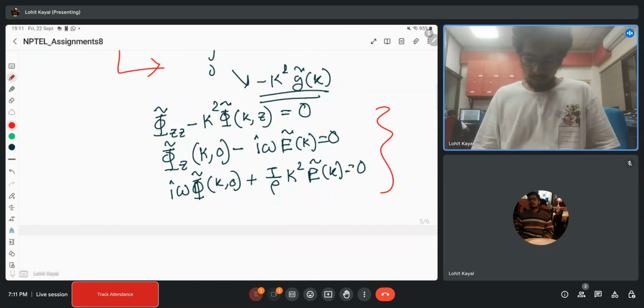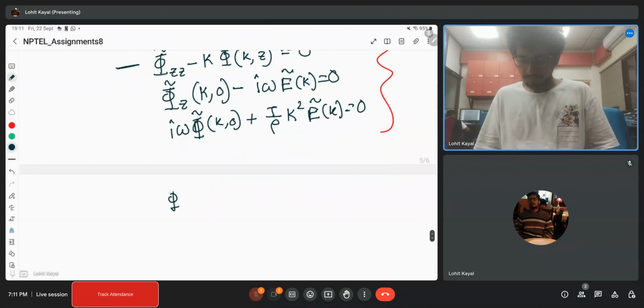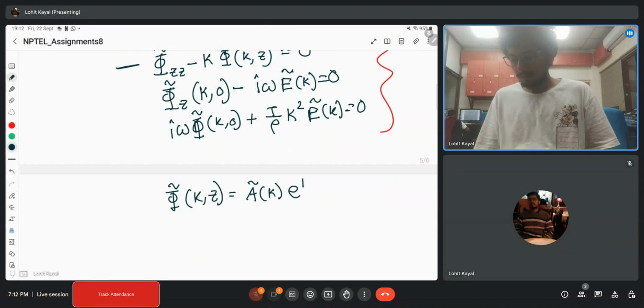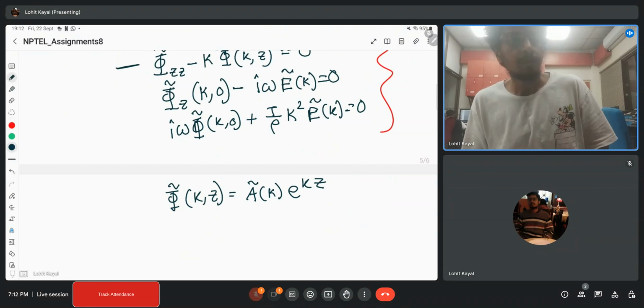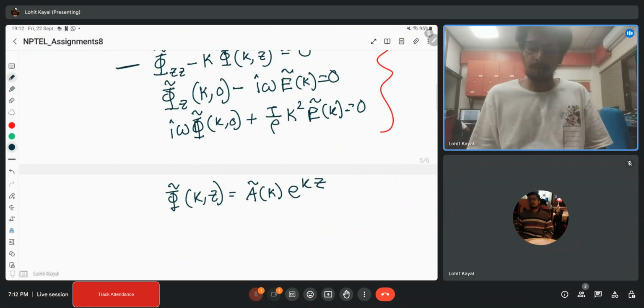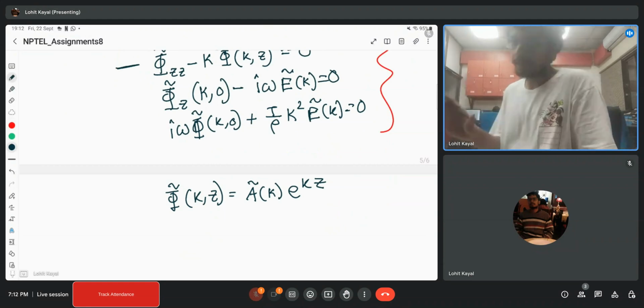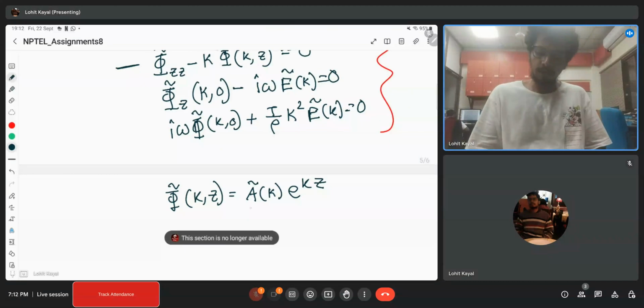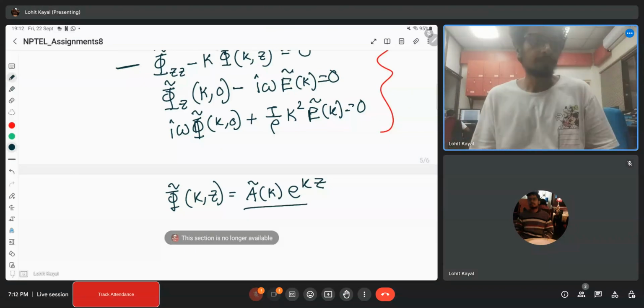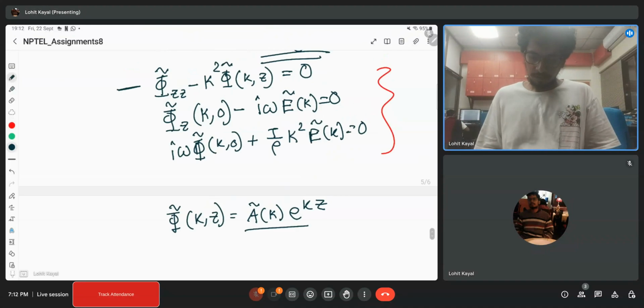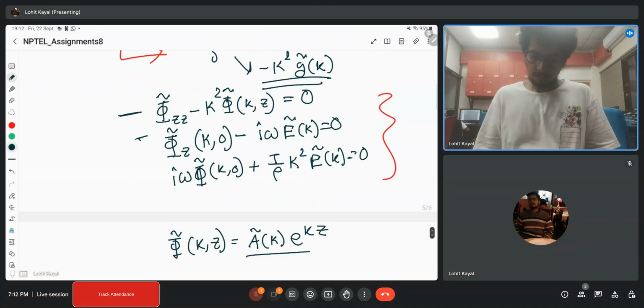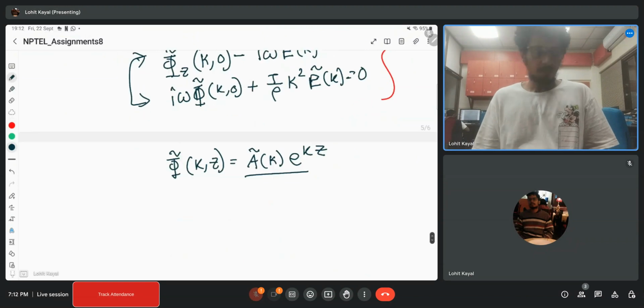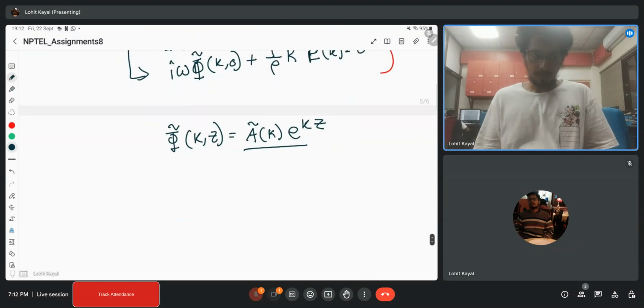Now from this equation we can say that phi tilde of k z will be some A tilde of k into e to the power of kz, because we need to satisfy the finiteness criteria at infinite depth, so it will be only A tilde of k e to the power kz. Now if you substitute this in these two equations, I'm writing the final form.